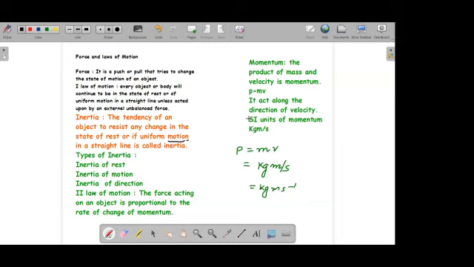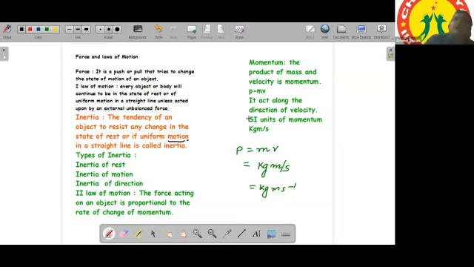Yes, sir. Okay. Now let us see the second law of motion. We just now studied about the momentum. According to the second law of motion, the force acting on an object is proportional to the rate of change of momentum. So you can write force proportional to change of momentum over time.